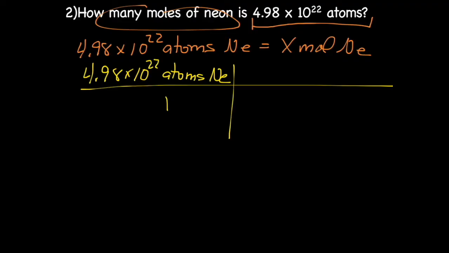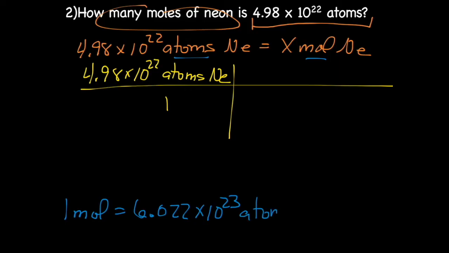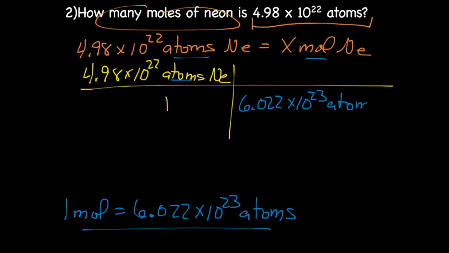Third step, our equality. Again, we have atoms and moles, so our equality is going to be 1 mole equals 6.022 times 10 to the 23rd atoms. And this needs to go in our grid, setting it up so we can cancel out units. And this time we have atoms on the top, so we're going to put atoms on the bottom. Which means the top is going to have what's left over.